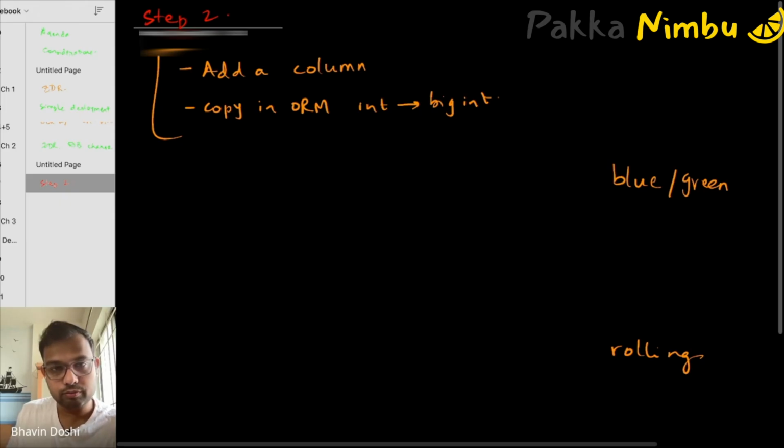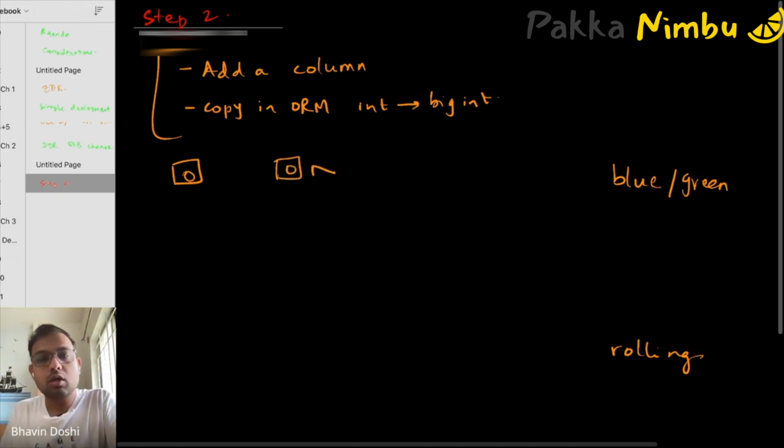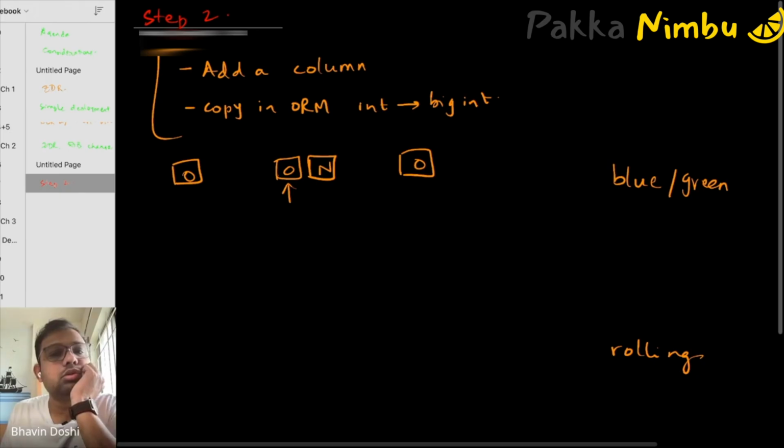So the old stack is running. The new stack will come up, right? As soon as the new stack is up, when are the migrations going to run is the question.